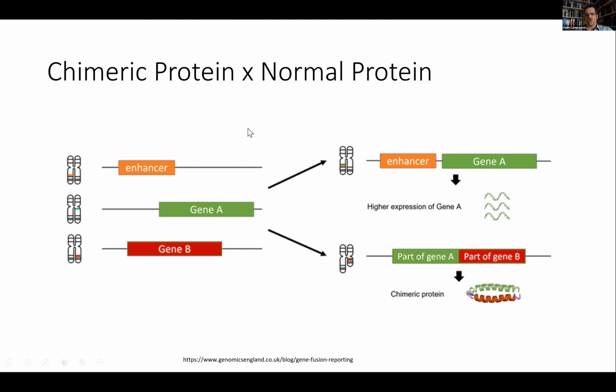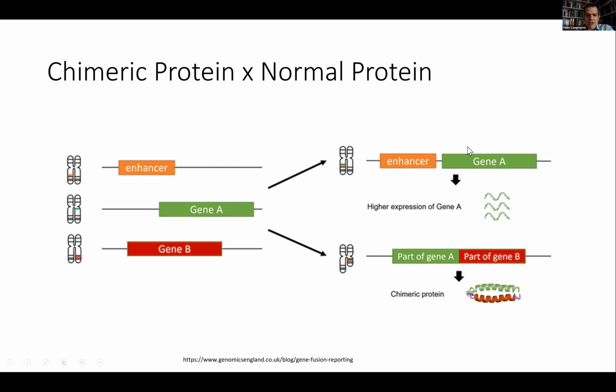So we can divide fusions in two big groups in cancer, right? So in one fusion, we have the coding sequence of two genes, or not exactly the coding sequence, but the mRNA sequence of two genes put together. That will lead to a chimeric transcript, and that will lead to a chimeric protein.